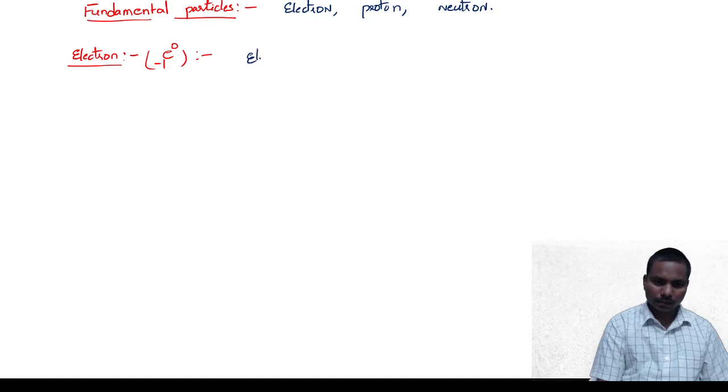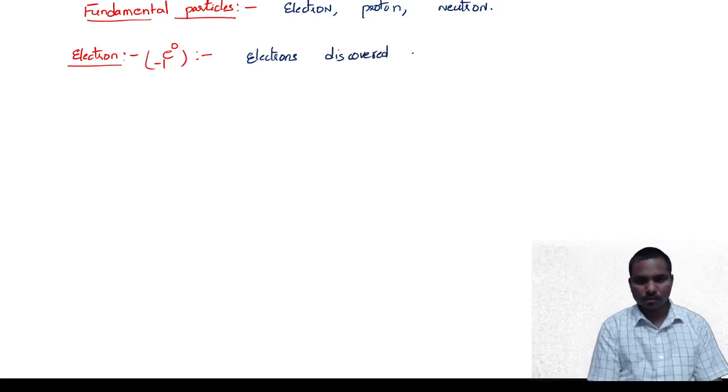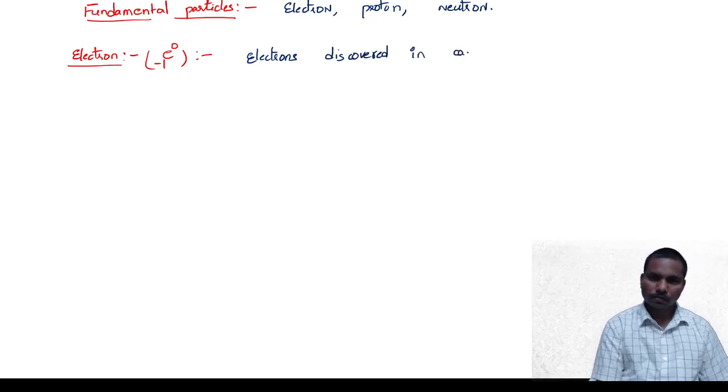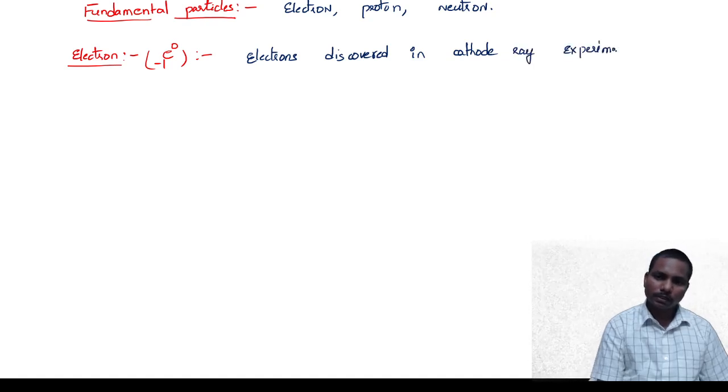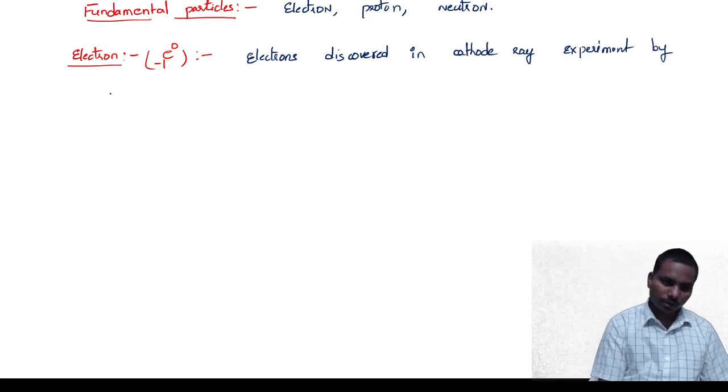Very important. Electrons are discovered in the cathode ray experiment by the scientist called J.J. Thomson. Very important: who discovered the electrons?